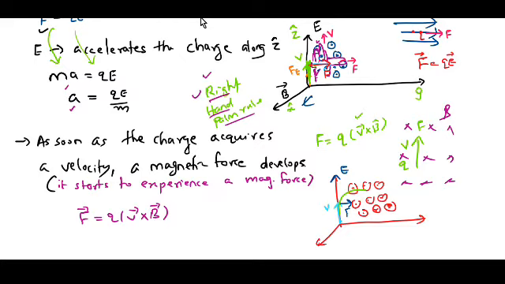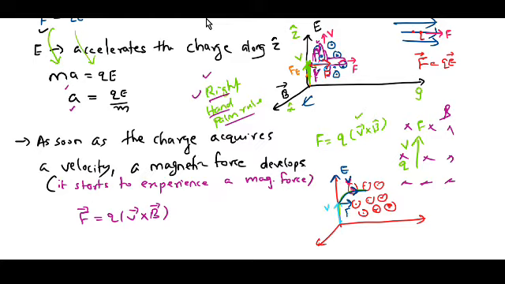Now, if the charged particle moves around this direction, its velocity is in this direction. Here the magnetic field is still pointing out of the page.